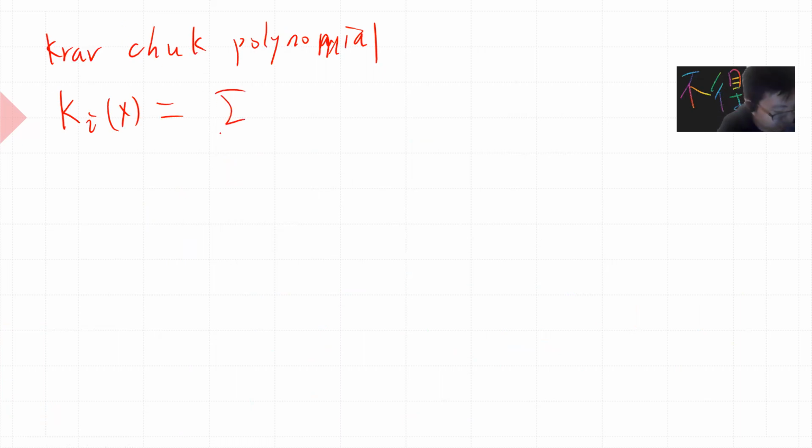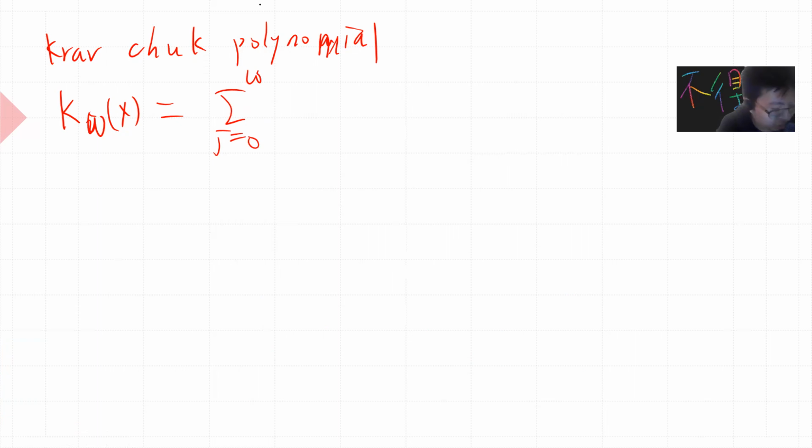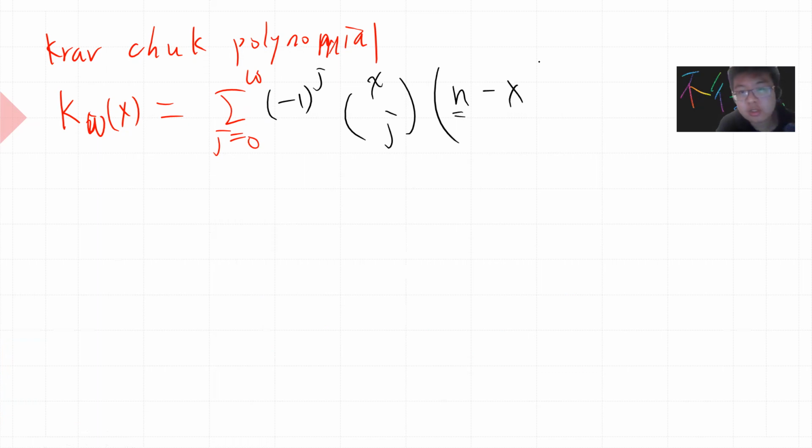It's a summation, let's say j from 0 to w. Maybe I use w, the notation is better. So the sum over j of minus 1 to the j, x choose j, times n minus x choose w minus j. You need to fix n, since n is a fixed variable that you need to choose.